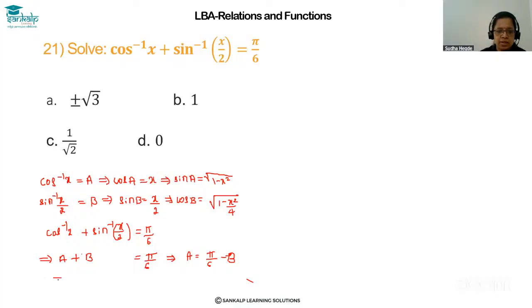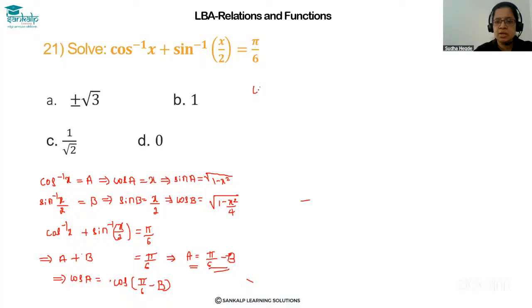That implies cos A is equal to cos of 5π/6 minus B. Here I am taking cos on both sides. Now use the cos(A − B) formula and expand the expression.